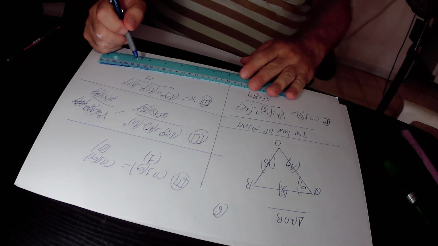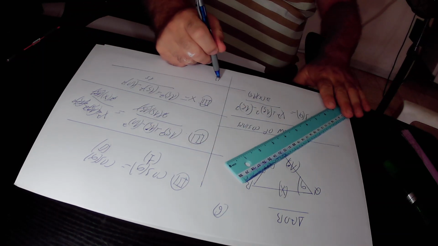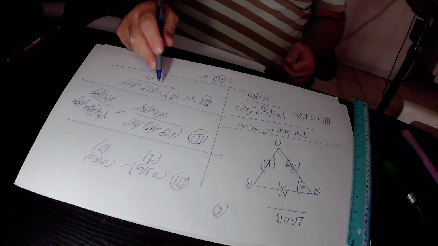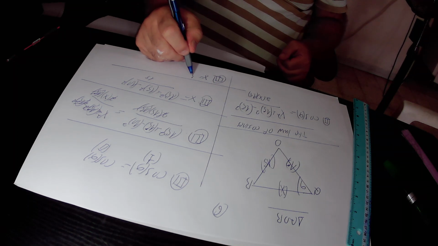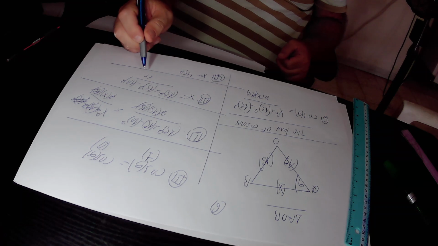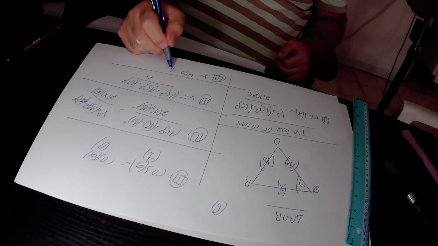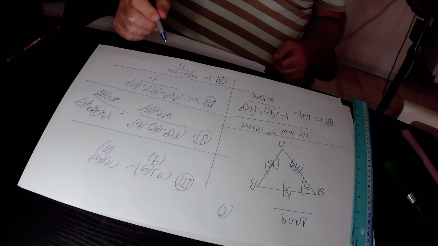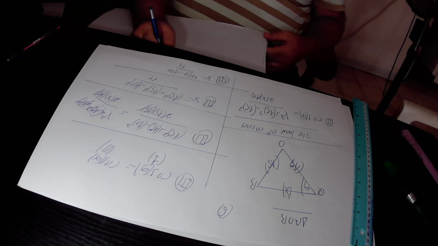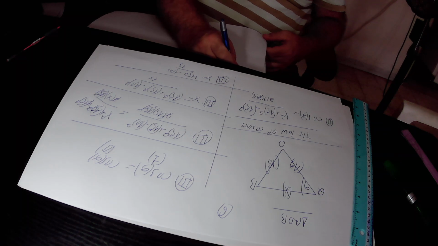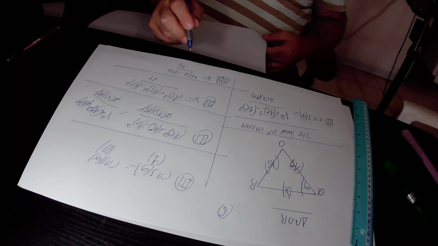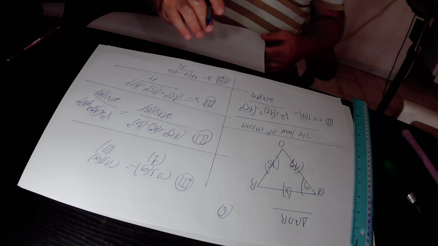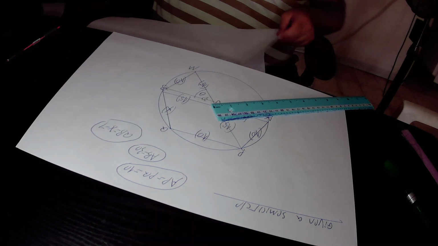So according to equation 3, x equals 15 squared is 225, so 225 plus 225 is 450, minus 10 squared. 10 squared is 100, so it is minus 100 over 15. So x equals 450 minus 100 is 350 over 15.